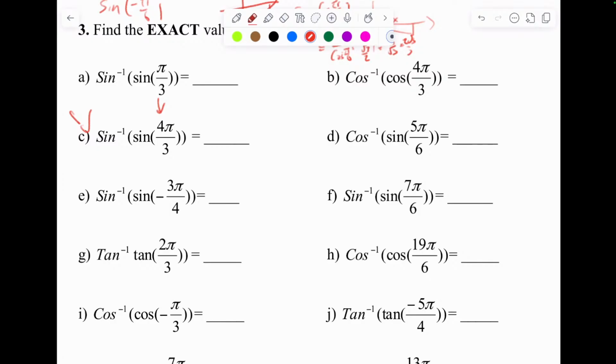Sine inverse negative root 3 over 2 is what? Brendan, can you help her out? Negative pi over 3. Negative pi over 3 is good.